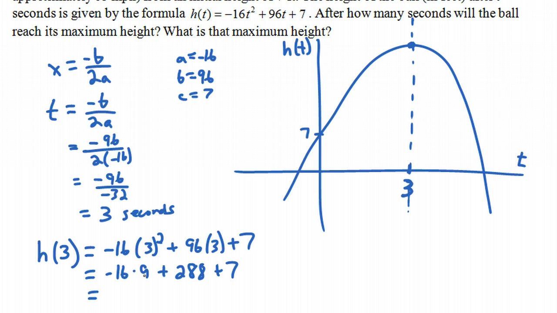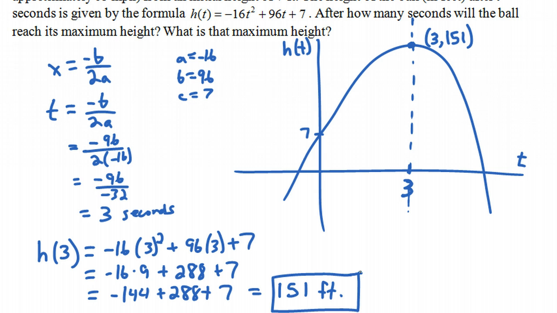And negative 16 times 9 is negative 144, plus 288 plus 7. And negative 144 plus 288 is positive 144, and add 7, that would be 151. So h of 3 is 151. In particular, the coordinates of this point are (3, 151). So this 151 is actually 151 feet.